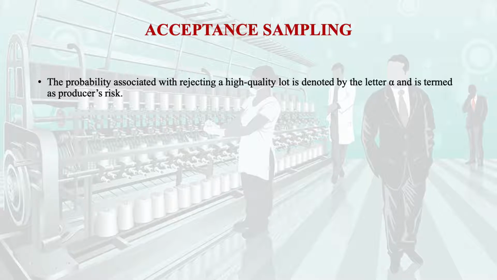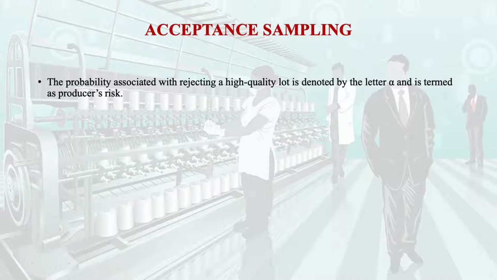The probability associated with rejecting a high quality lot: the quality of the lot is above the accepted level, but due to the selection of a wrong lot or wrong sample, it is getting rejected, and that is the producer risk. That probability is known as alpha and is termed as the producer risk.